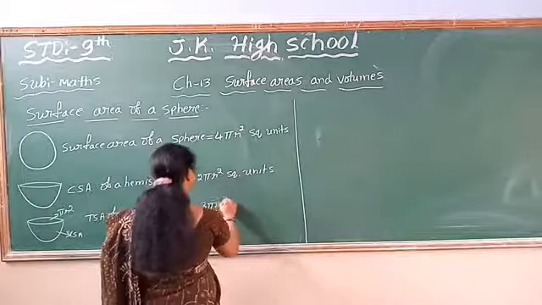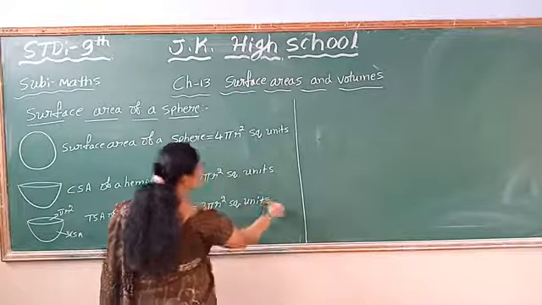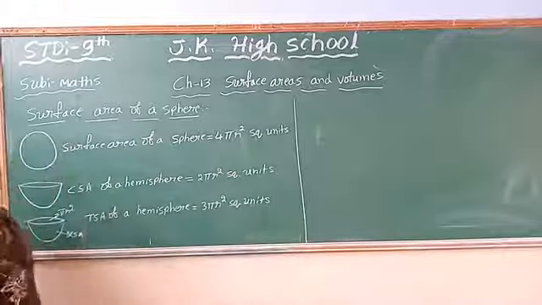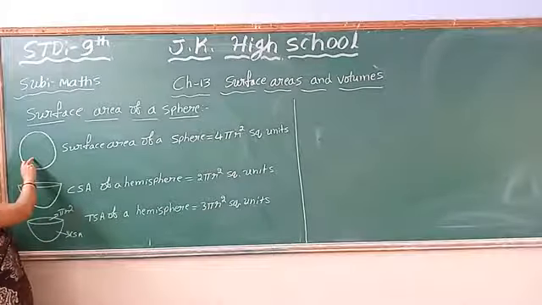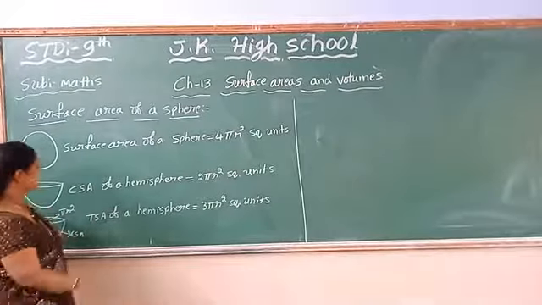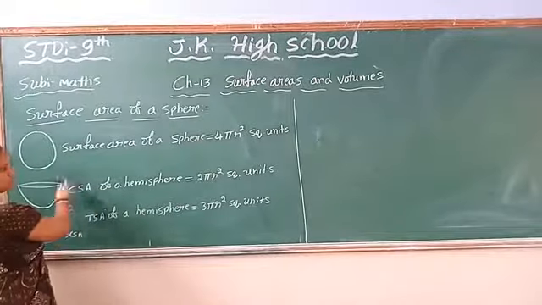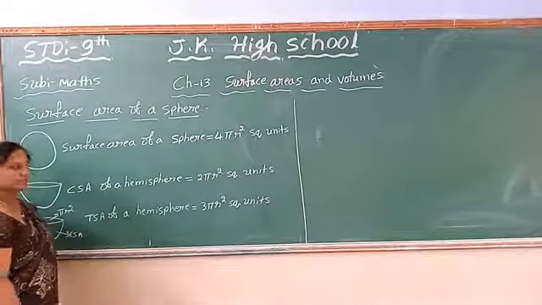These are the three formulas we are going to use. Surface area of a sphere is 4 pi r square. The curved surface area of a hemisphere is 2 pi r square.